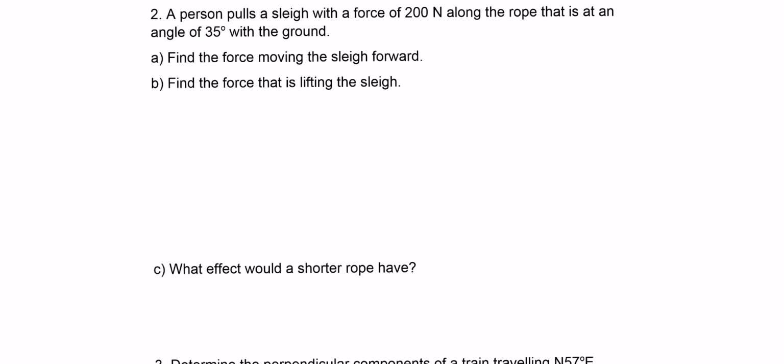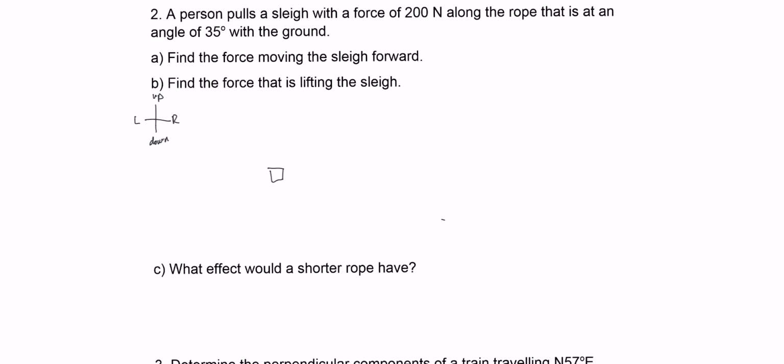For this next problem, we have a person that pulls a sleigh with a force of 200 newtons along a rope that's at an angle of 35 degrees. So imagine this. I'm going to draw my little, so this is down, up, right, left.